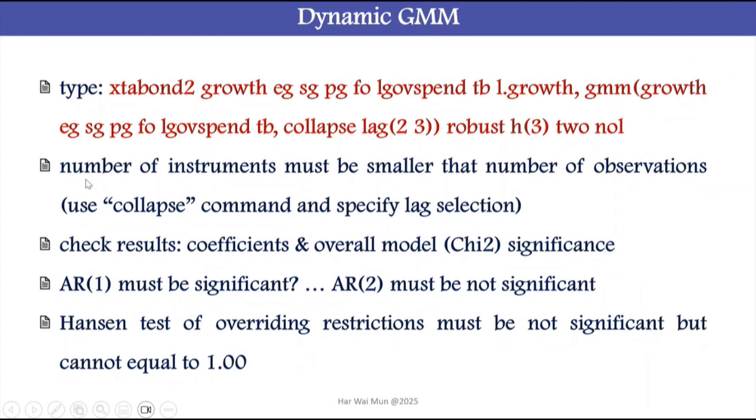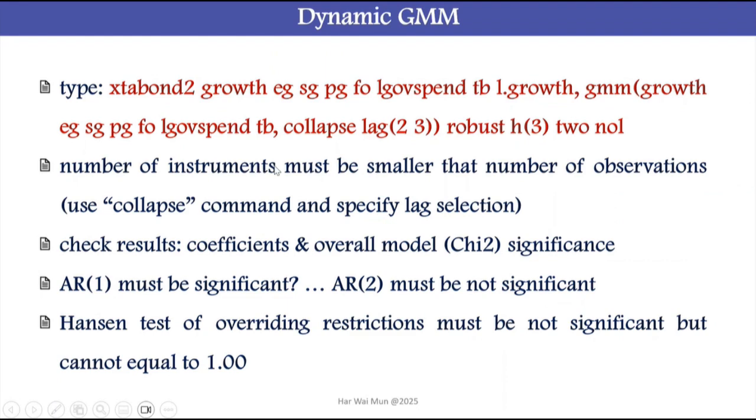Again, you see the number of instruments must be smaller than the number of observations. If you have a lot of lag instruments, lag 2 to lag 10, then the number of instruments is bigger than the number of observations, so the GMM cannot run. So you have to use the collapse command and specify the lag length to minimize the instruments.